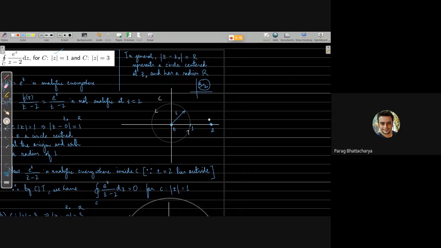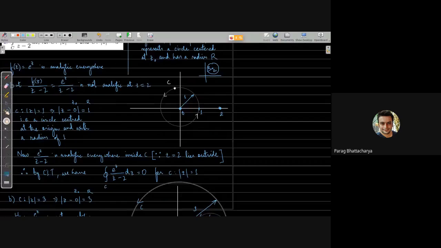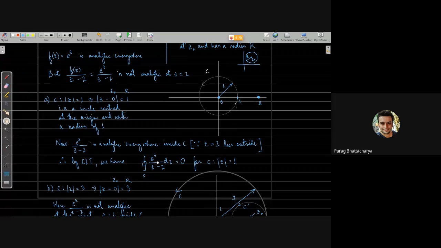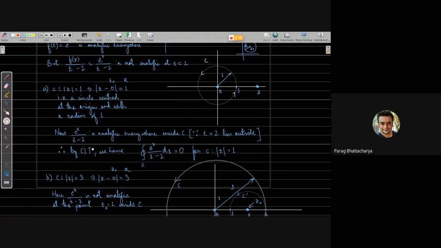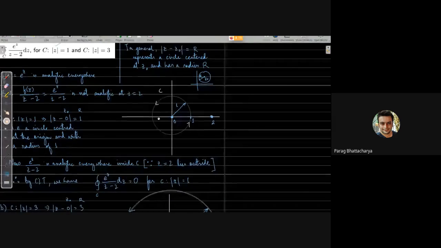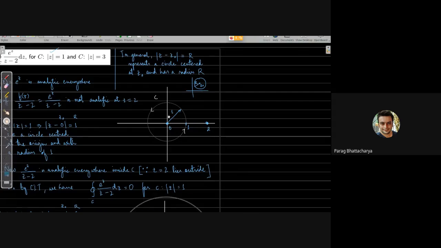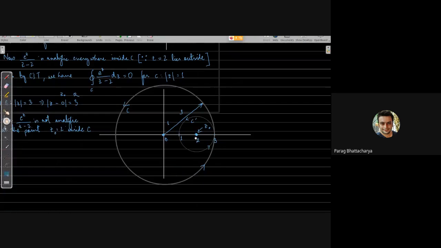In the first case, 2 was lying outside the contour C, so we can directly use the Cauchy integral theorem, CIT, and that gives us the result 0. If the singularity lies outside, it will give us 0. But now the singularity lies inside. So I use deformation of paths to get another circle such that the singularity is the center.